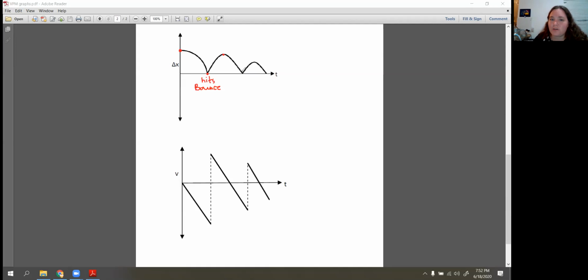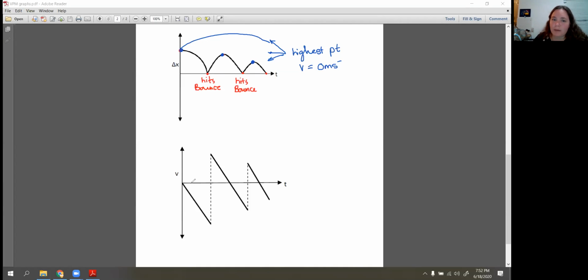Then it falls back to the ground. Here it hits the ground again. And this is the second bounce. Up to the highest point, falls down, hits the ground. Now, very importantly, at all three of these points, when it's at the highest point, the velocity must be 0.